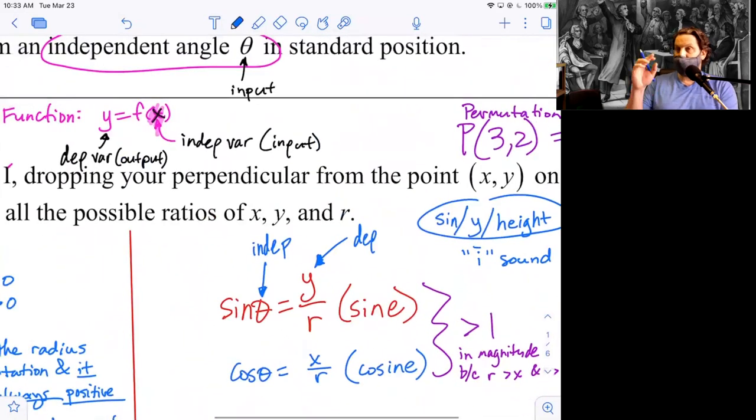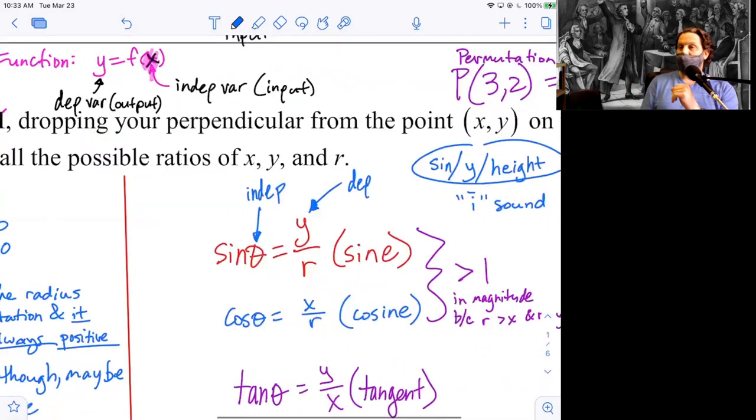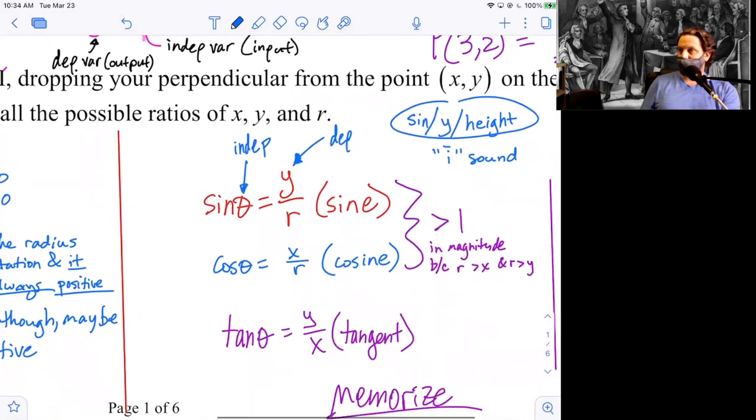It measures the relative height of your reference triangle with respect to the radius. Sine, y, height. The cosine is the x, it's the width. That doesn't quite rhyme, right? Cosine, x, width, those don't really have the same thing. But the cosine essentially does measure the width of the triangle with respect to the radius.